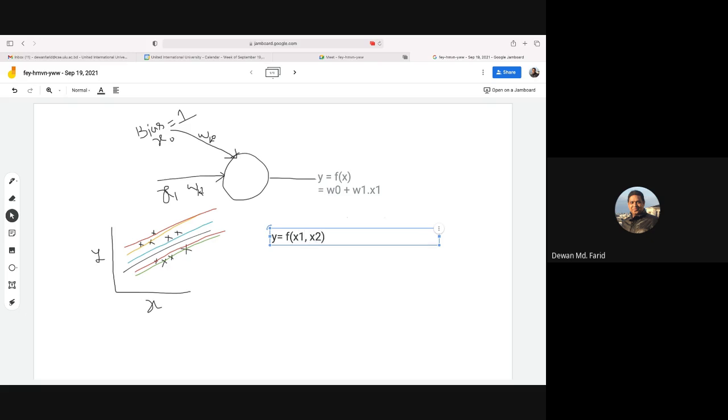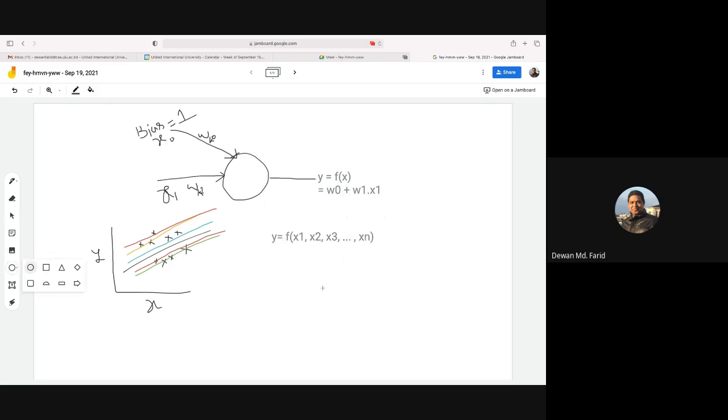Then we have two inputs for this neuron. Similarly, a neuron can have multiple, m or n, number of inputs. Say this one is x3, up to xn, so we have n number of inputs.